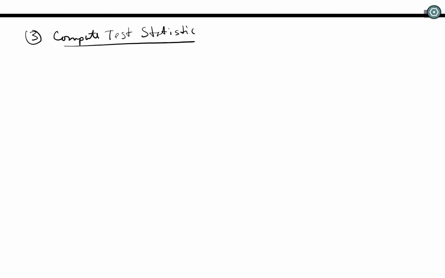Okay, but let's look first at our SSB here. Recall the formula for that is the sum, in this case I would go from 1 to 4, of Ni times yi dot bar minus y dot dot bar squared.